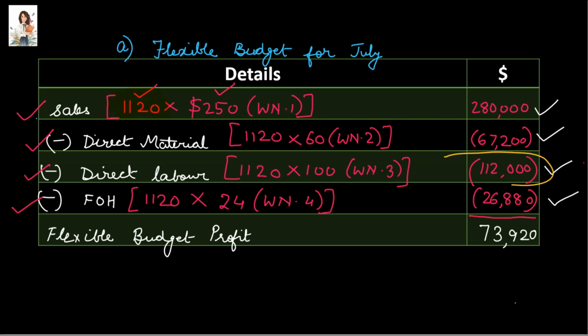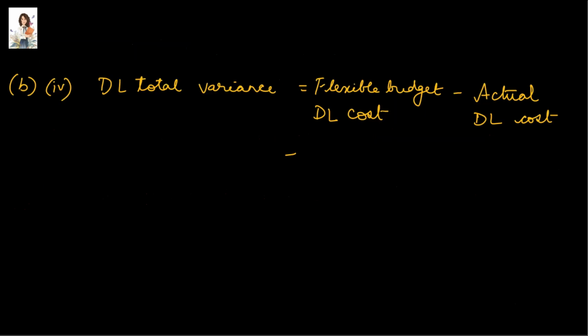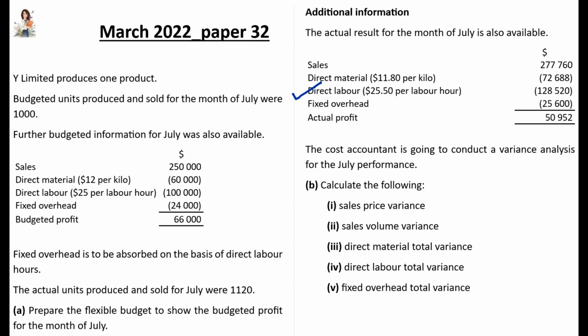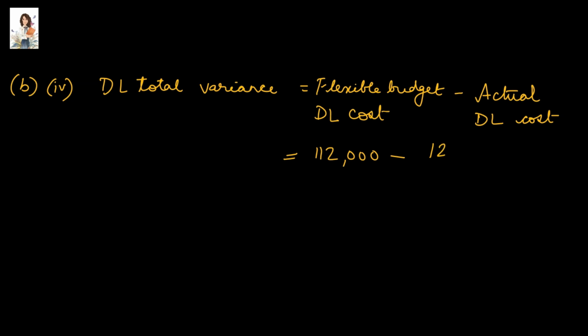It is 112,000. So we'll write 112,000 in our answer minus the actual direct labor cost, which is already given to us in the question. The actual direct labor cost is $128,520. So this is $128,520.